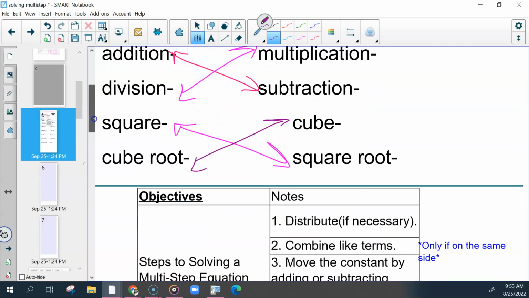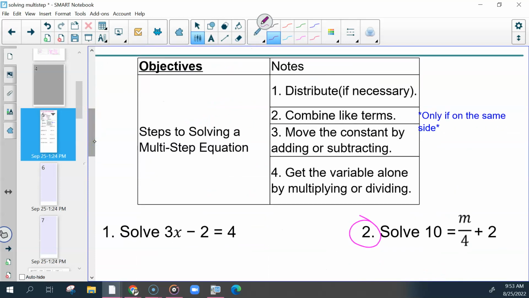All right, take a second and read through this, either up here or on your paper. This is like your guide if you forget what to do first, follow this.